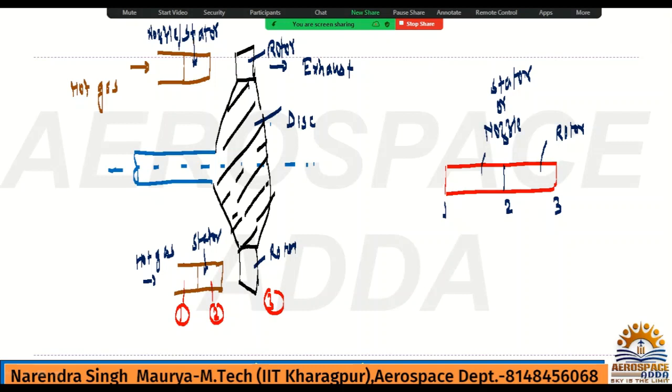Because in the combustion chamber, I told you when I taught jet propulsion, we are using a device to create turbulent flow so that there is proper mixing of the fluid, the air particles as well as fuel particles.